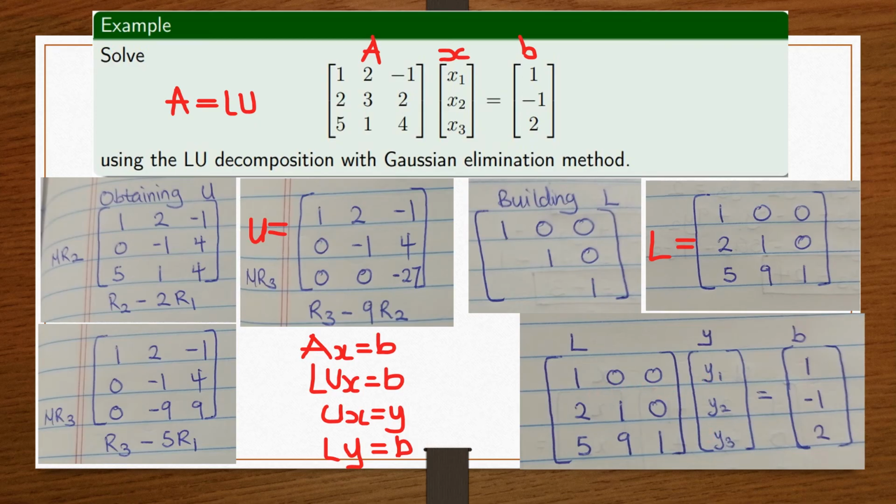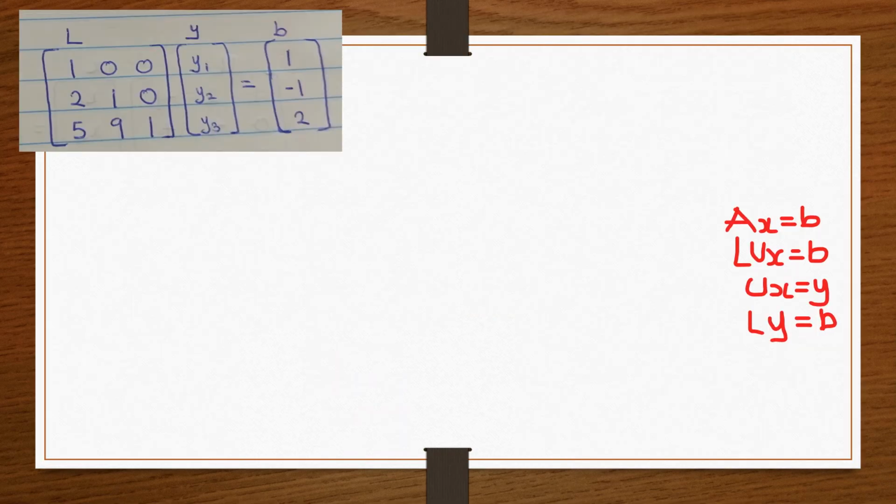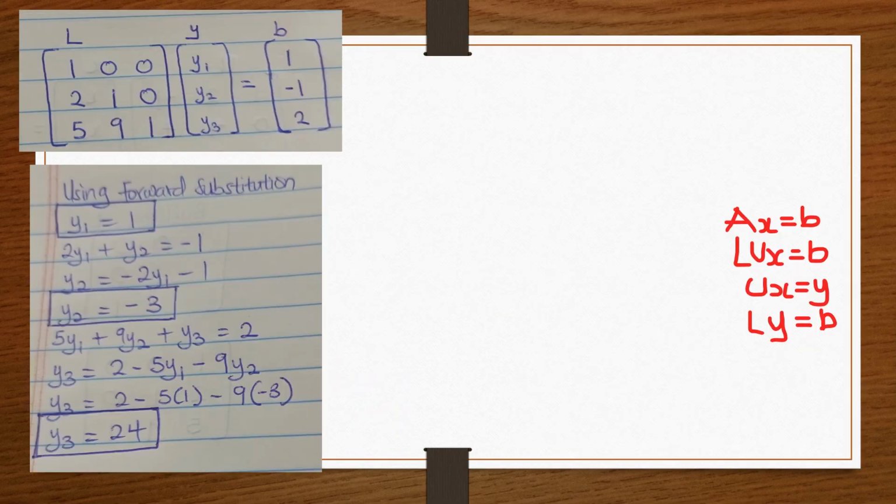So now let's solve it manually. Using forward substitution, y1 is equal to 1. And then we can say here that 2y1 plus y2 is equal to negative 1. Since we know y1, we put y1 into the equation and then we find y2 to be negative 3. That is negative 2 minus 1, which is negative 3.